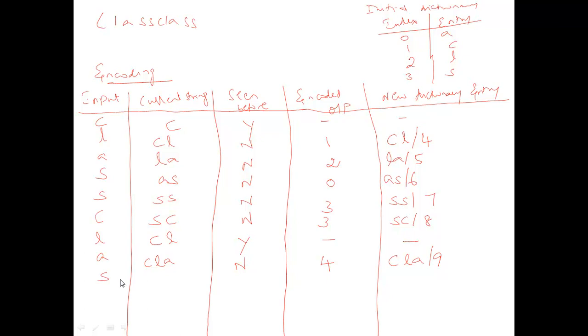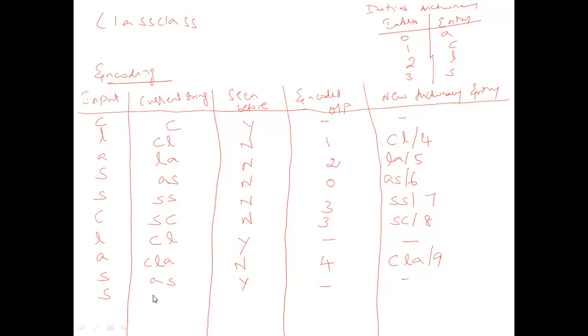Next, S. When S is there, current string is previous unencoded only A. Current input is S. Have you seen AS before? You can see AS is there in the entry 6. So you will say yes. Whenever you are saying yes, don't do anything. Now again take another last input S. Now previously unencoded is this complete AS.